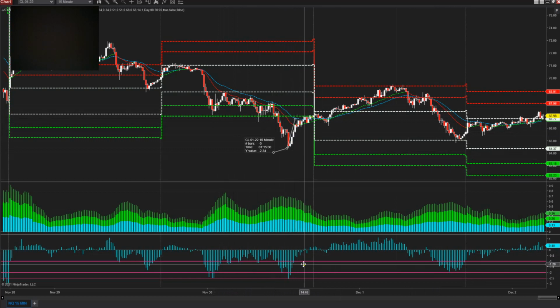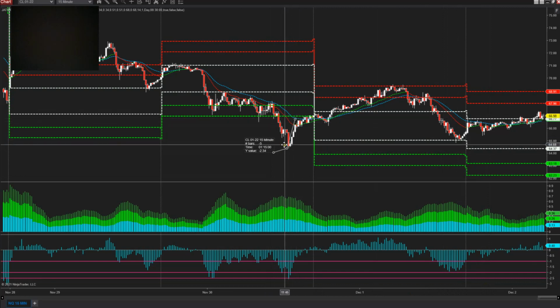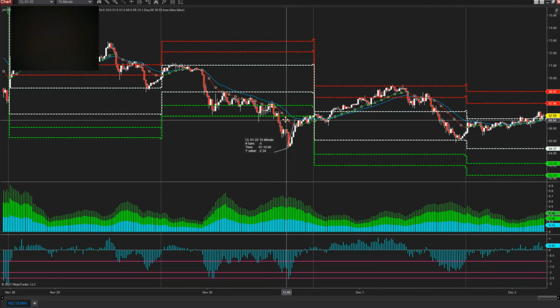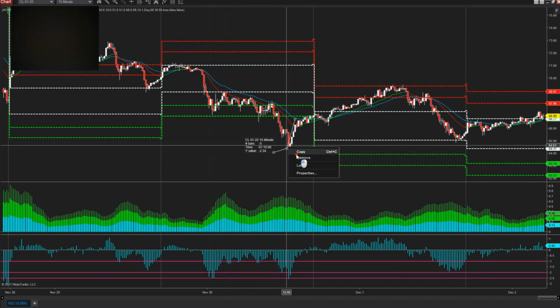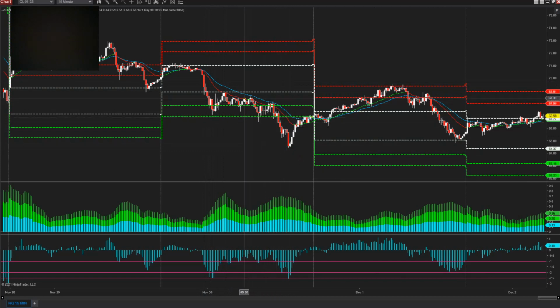So like right here, you can see we got to the 2.5, and then it popped back, going back to the mothership. My linear regression is below it. The linear regression that I have, my LRT lines indicator, and then I have the 34 EMA above it.